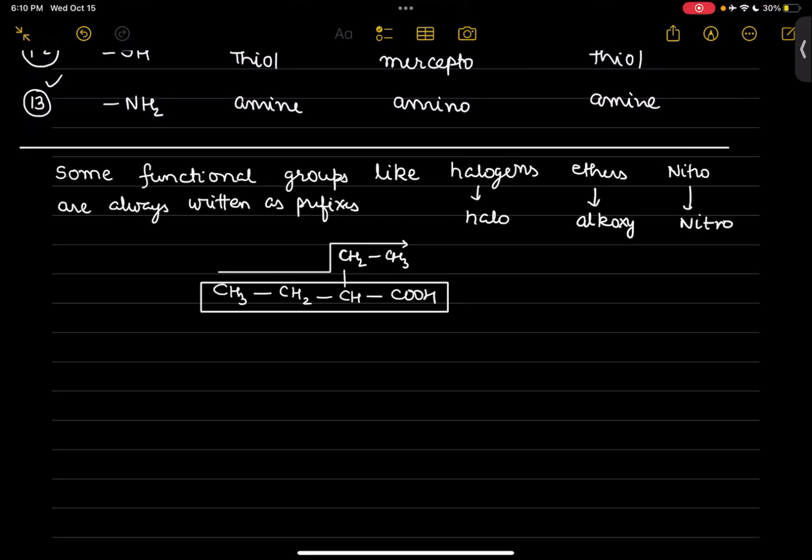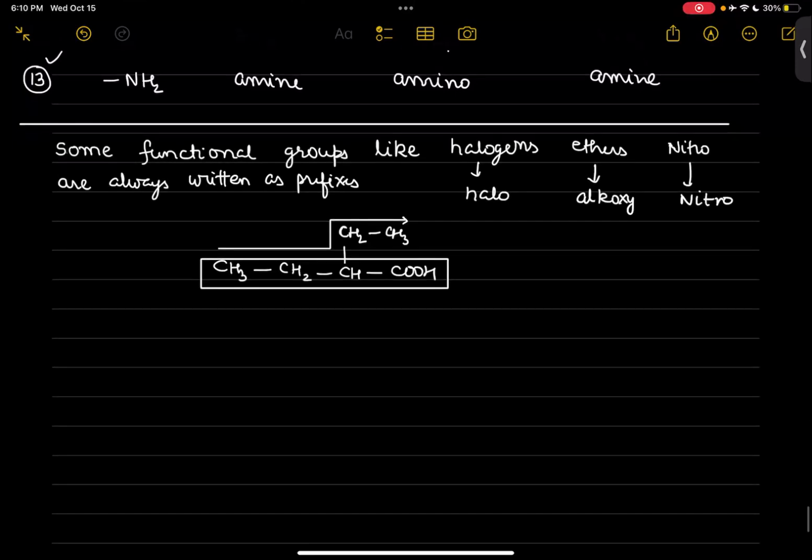So we need to take the main chain which has the maximum number of principal functional groups and multiple bonds. And this is the parent chain. So let's write the name one by one now. What is the word root?